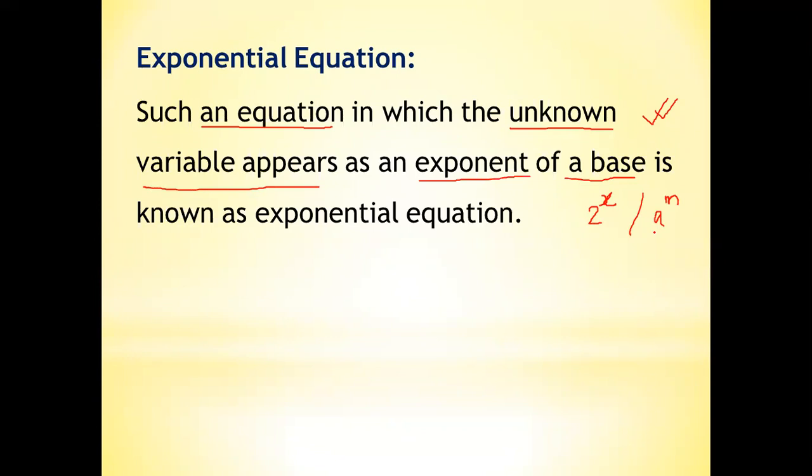So x and m are the unknown exponents. There must also be an equals sign with left and right hand parts. This kind of form is known as an exponential equation.